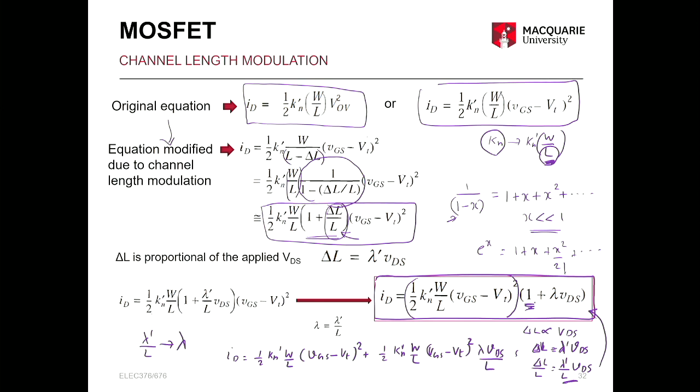So there are two parts of this equation. The first part is the ID if you had no early voltage. And the second part is lambda VDS times the ID.